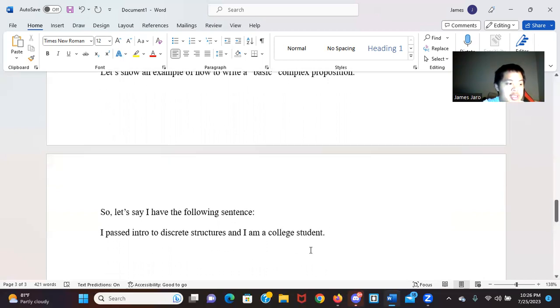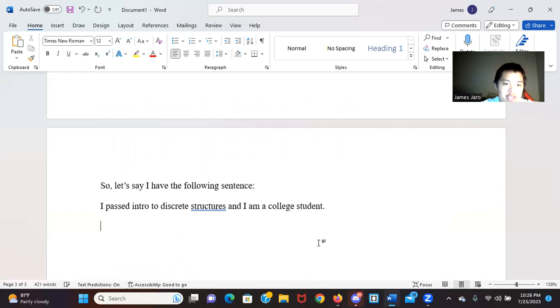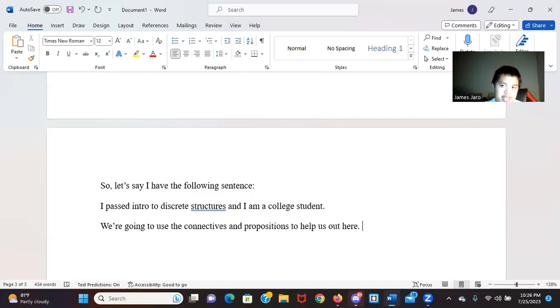We're going to use the connectives and propositions to help. Let's say that P represents the statement I passed intro to discrete structures.